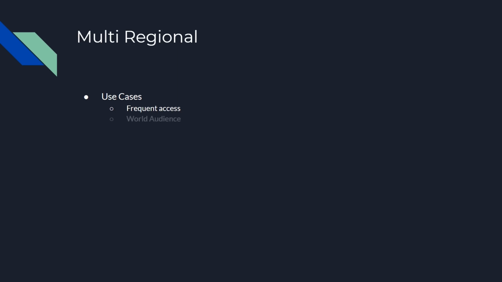So for those of you with a larger world audience, this is going to be a good use case for you. Things like website content really benefit from having multi-regional storage options. This way, if someone is in Australia and requesting your website and there's just an image that needs to be downloaded, it's in Australia as opposed to having to go all the way to, say, Ohio.